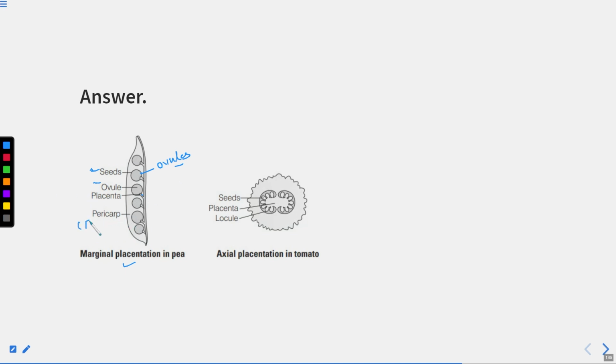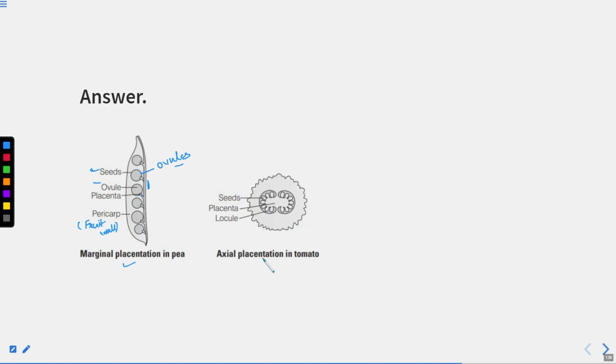Pericarp, we have already discussed, is known as the fruit wall. So this happens in marginal placentation. The ovules are arranged on a ridge that runs parallel to the ventral suture.